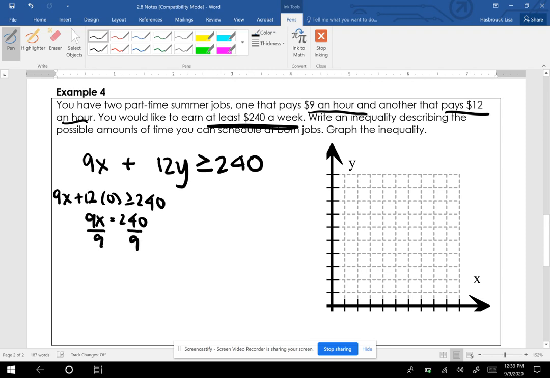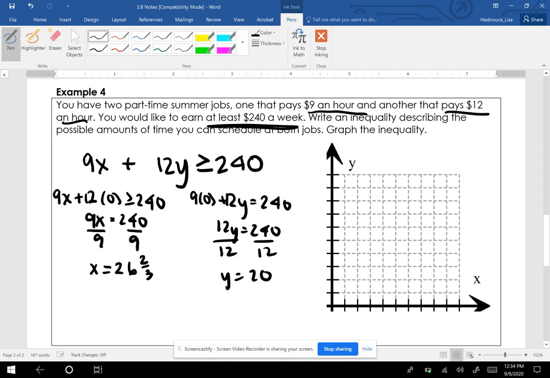And 240 divided by 9 is about 26 2/3. To find our y-intercept, we make x 0. So 12y equals 240, divided by 12. y is equal to 20. So these are both of our intercepts.